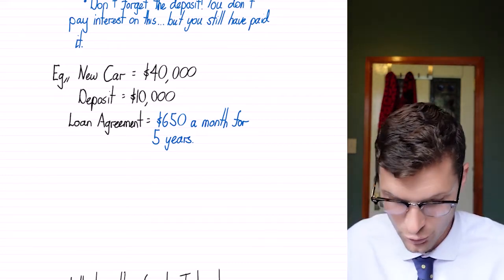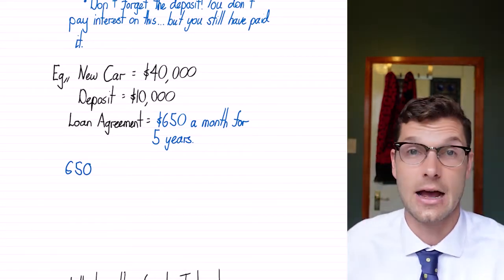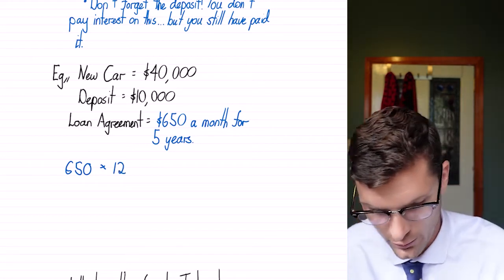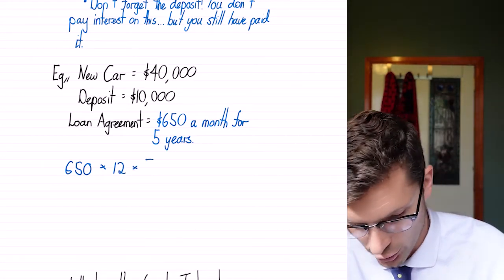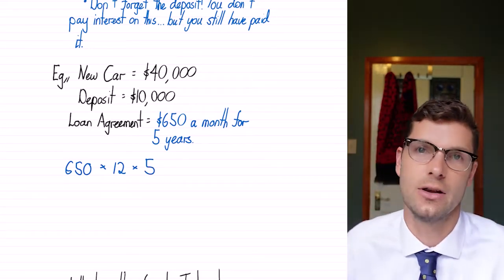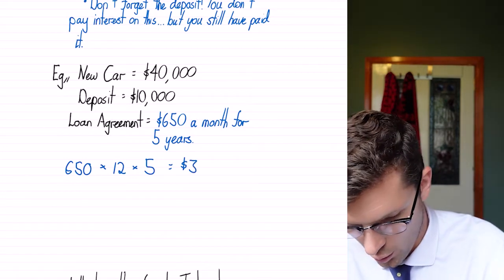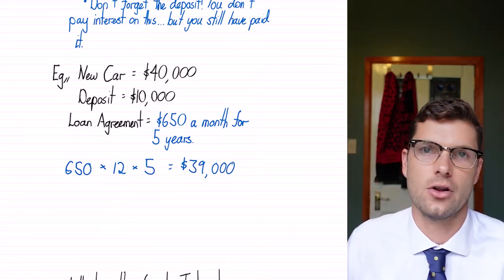So for this example, we take our $650, that's our loan repayment, and then we multiply it by 12. That's what we're going to pay in 1 year, and then we multiply that by 5 because we're doing it every year. So if you type this into your calculator, we spend over the life of our loan $39,000.